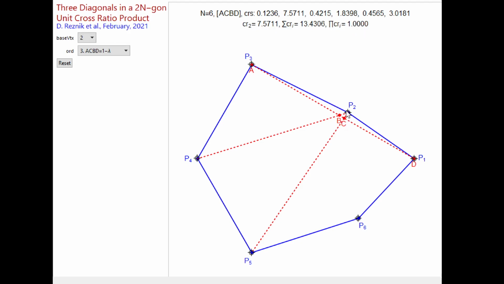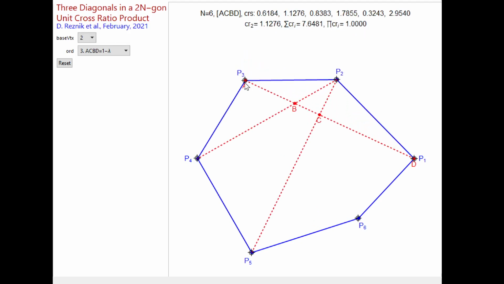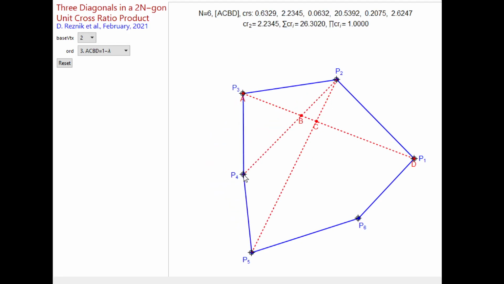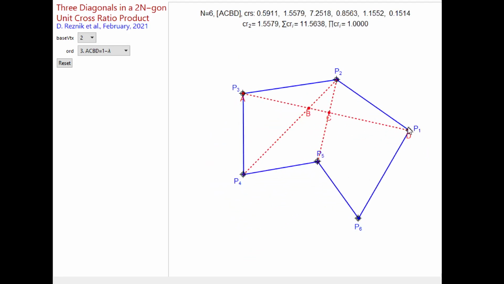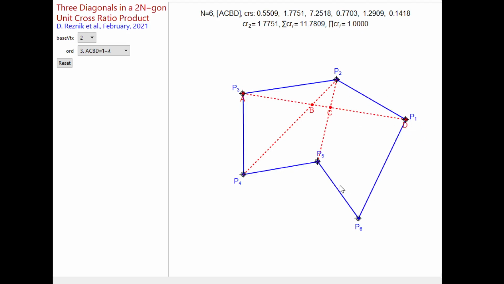So the main result here is that I can move all of my vertices away from that regular and convex situation and just construct any old hexagon, convex or concave, where though the 6 cross ratios are going to be distinct numbers, their product is going to be stuck at 1.